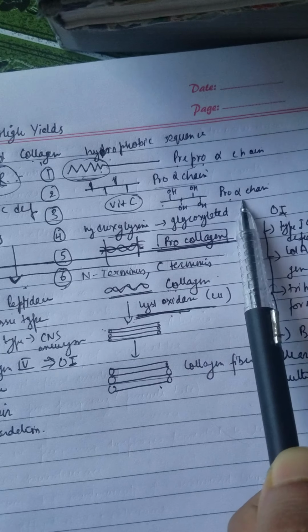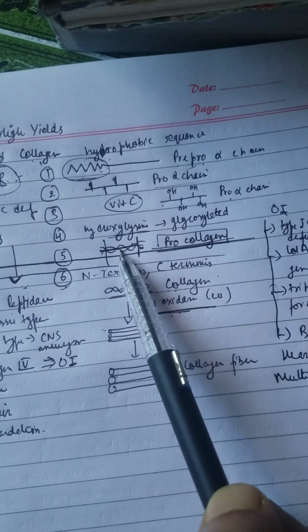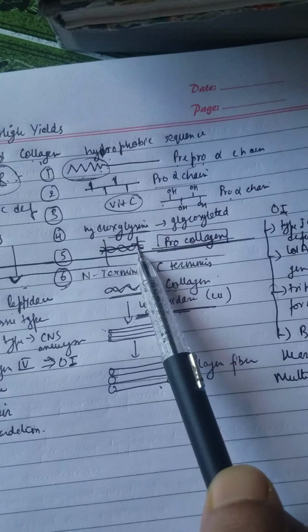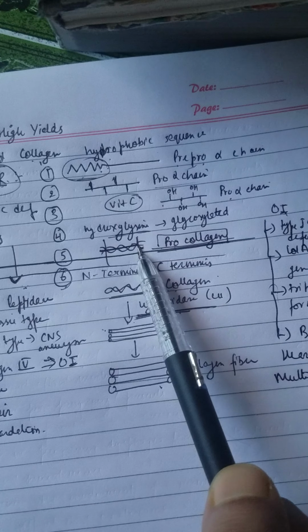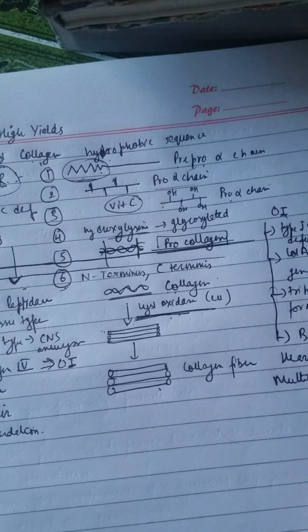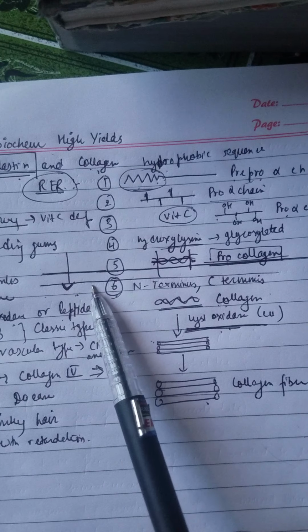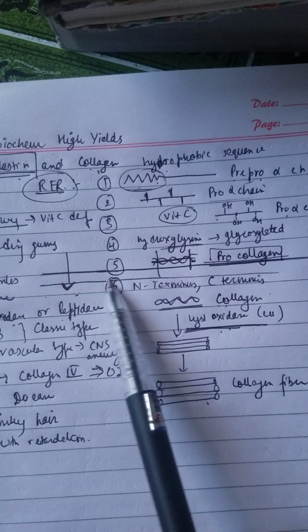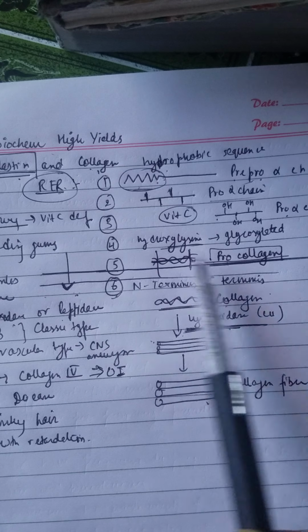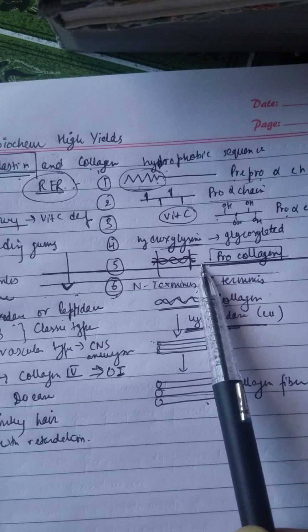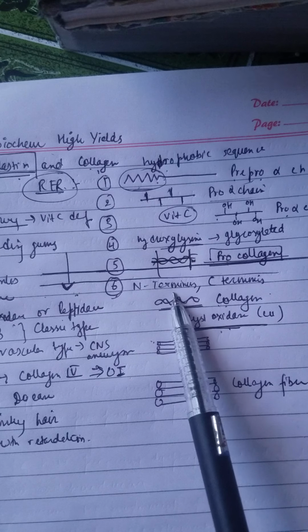Now the N terminus and the C terminus of the procollagen have to be removed. For that, it goes out of the rough endoplasmic reticulum into the cytosol and then into the extracellular matrix, where the procollagen gets cleaved at the N terminus and C terminus by the action of peptidases.